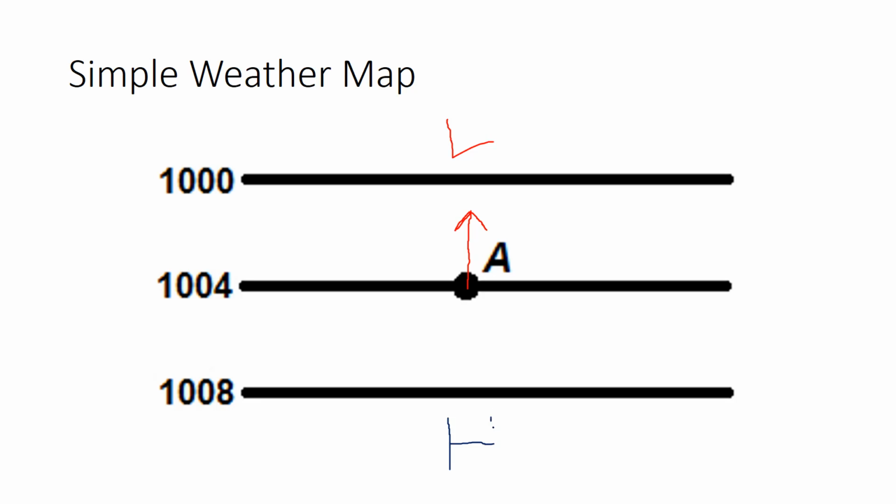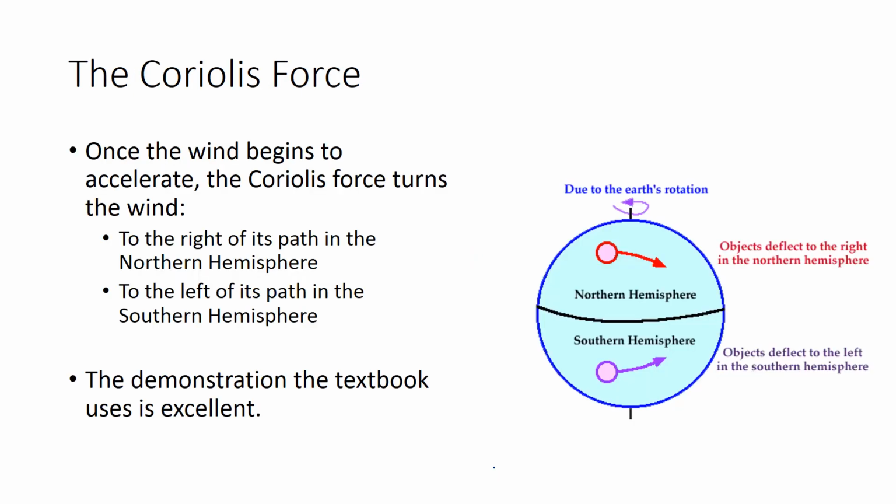Now with that said, as the wind begins to accelerate, which is what the pressure gradient force is doing, it's going to begin to feel another force acting on it. That next force is called the Coriolis Force, and it is caused by Earth's rotation.